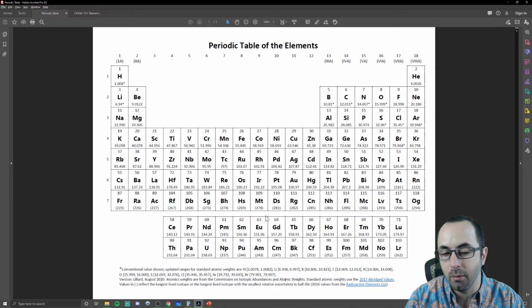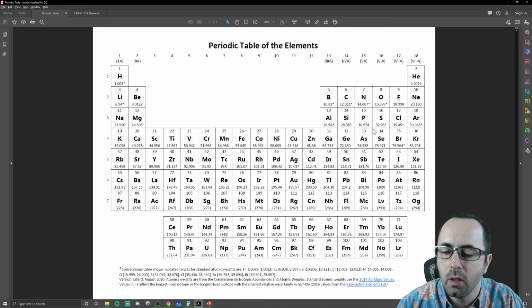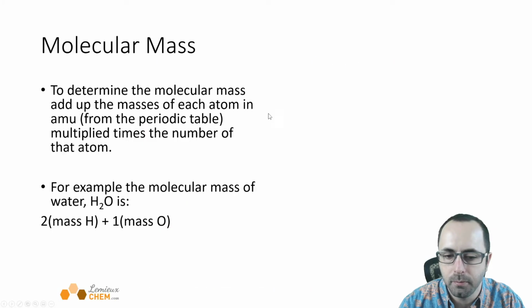It's going to have even better uses as we move on, but it will work very much in the same way we're using it now. We see the average hydrogen atom weighs 1.008 AMUs, and the average oxygen atom weighs 15.999 AMUs. So that's what we're going to put in here.